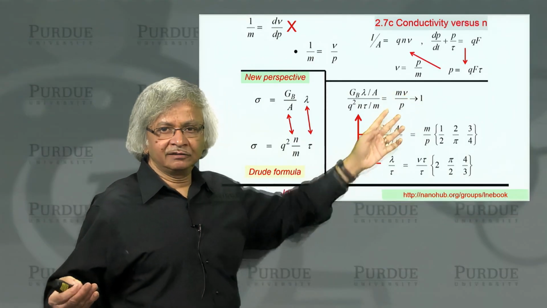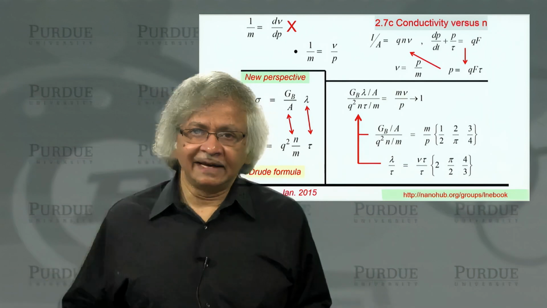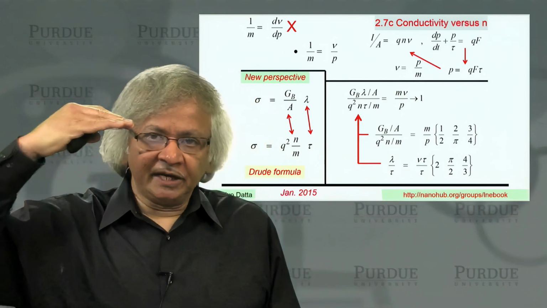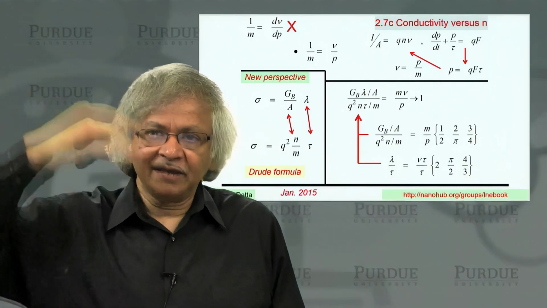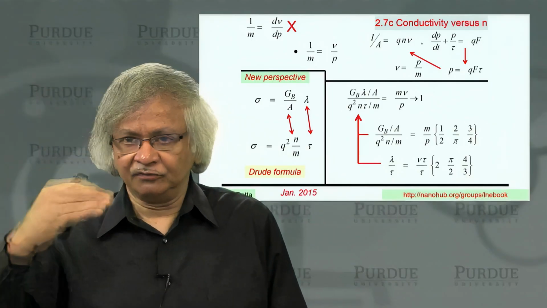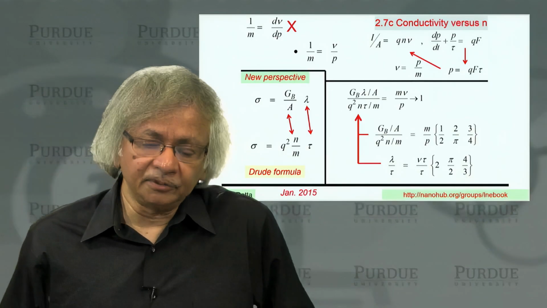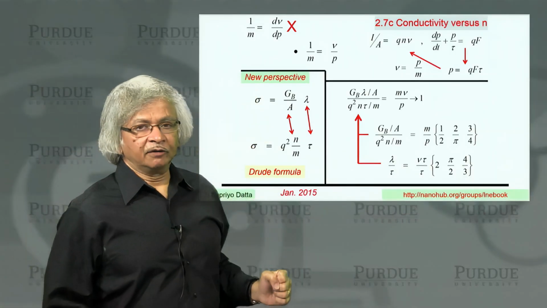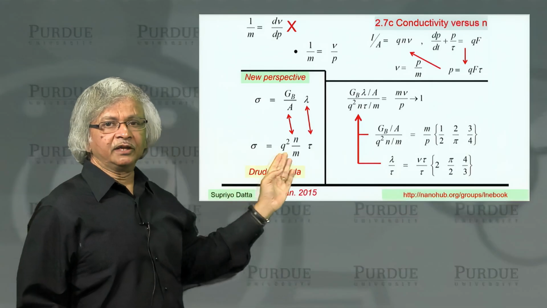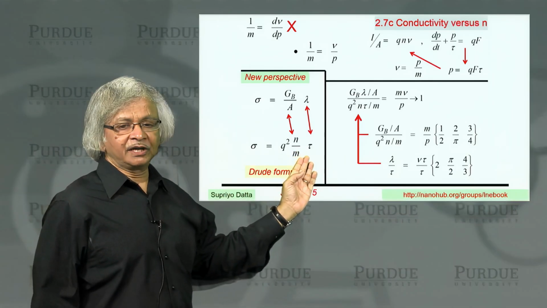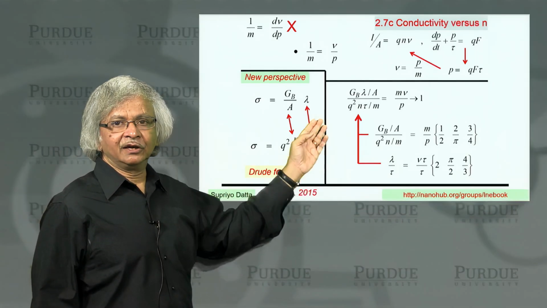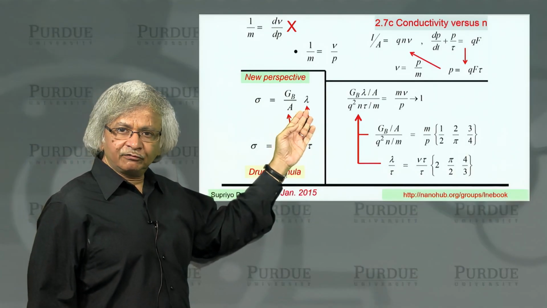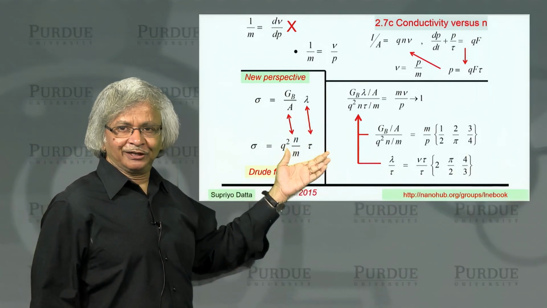And in general, for non-parabolic bands, that answer can depend, I guess, on what energy you are at, because the mass will keep changing with energy, because the velocity to momentum ratio will not be a constant. And when using the Drude formula then, you have to worry about that. So what I just tried to show you is that the formula we talked about correlates well with the Drude formula.